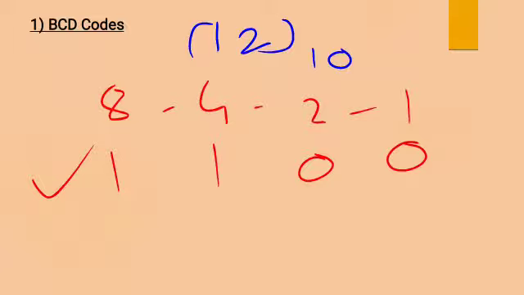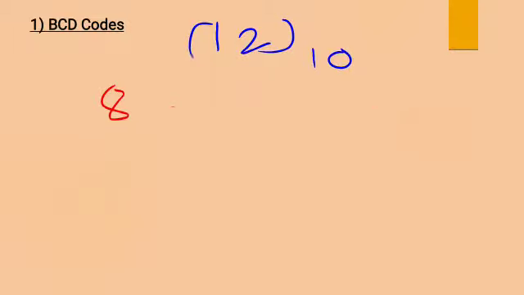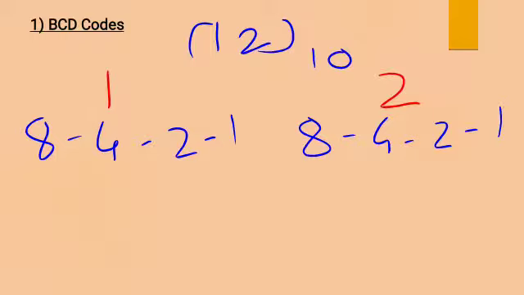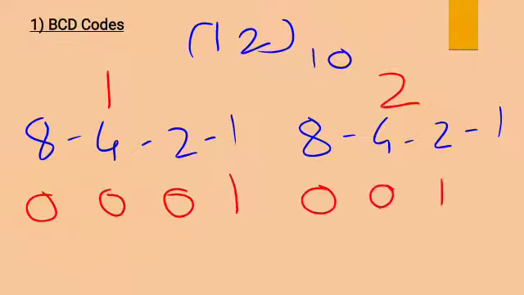Now in the same way we can write a BCD code for 12, in which we have to consider BCD codes for each of the digits independently, that is for 1 and for 2. We are going to use the 8421 code for both the digits. So for 1 the BCD code will be 0001, whereas for 2 the BCD code will be 0010.